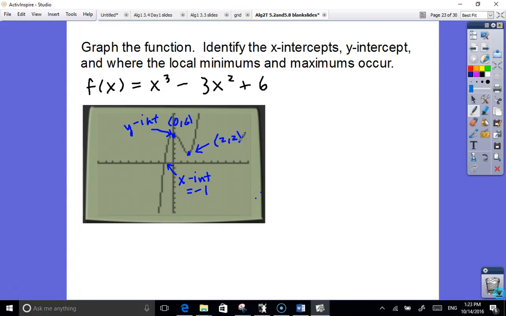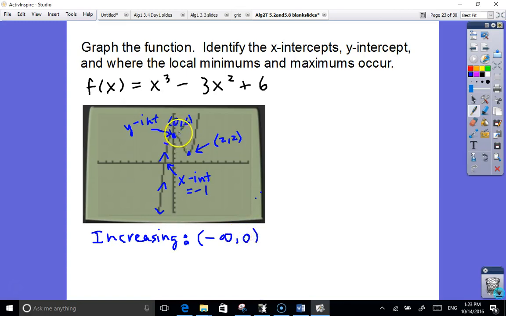Now, I want to add something else to it. Increasing and decreasing. Okay, let's state the intervals of increasing and decreasing. What is the graph doing from the extreme left side of the graph until it gets to the first turning point? It's increasing. It's going up like that. So we would say that it has an interval of increasing. The interval of increasing goes from -infinity to the x-coordinate of the first turning point, which is 0.